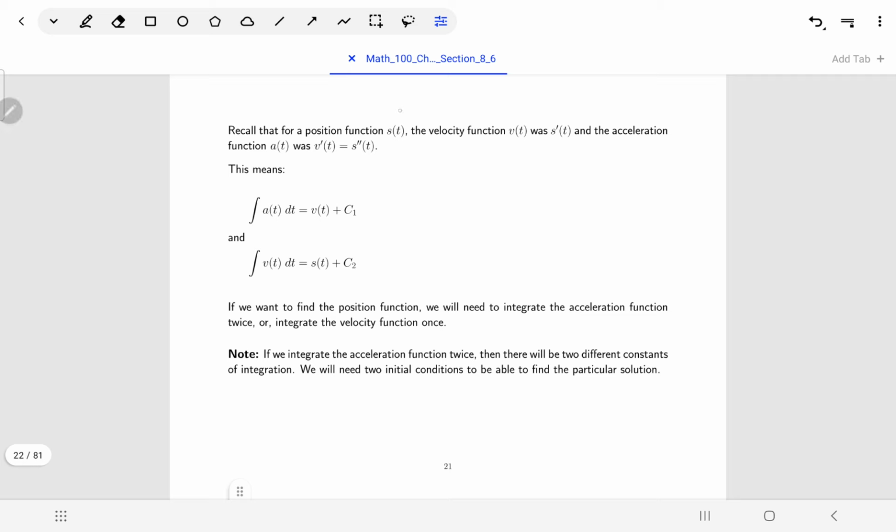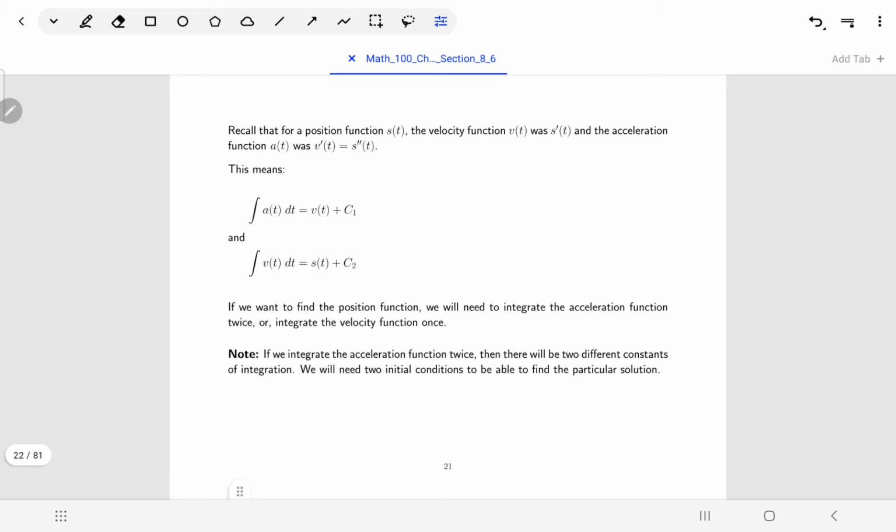We know that if you have a position function and you take the derivative of it, you get the velocity function, because velocity is how position is changing over time. And if you took the velocity function and found its derivative, that gives you the acceleration function, because acceleration is how velocity is changing over time.